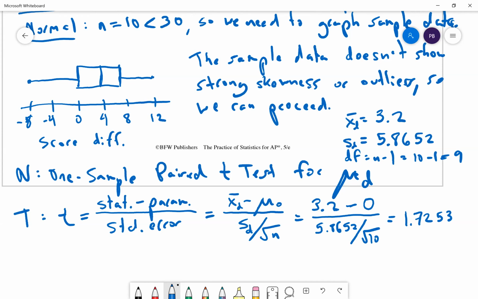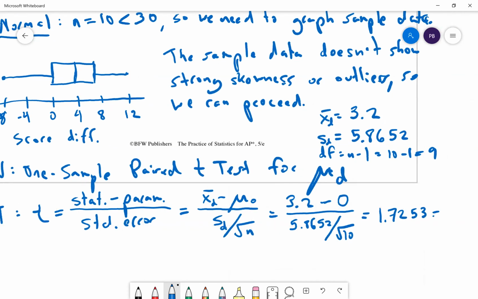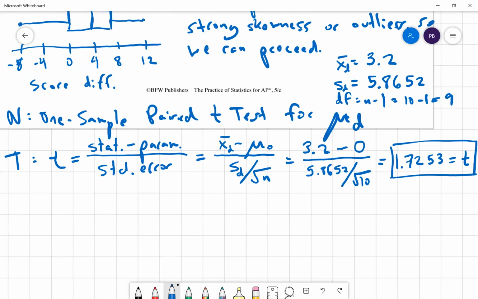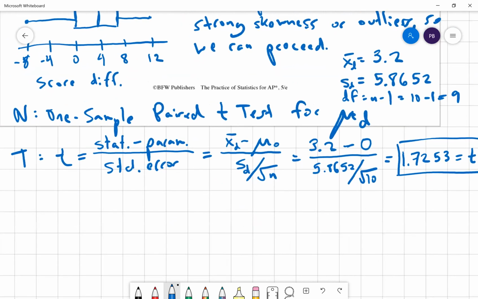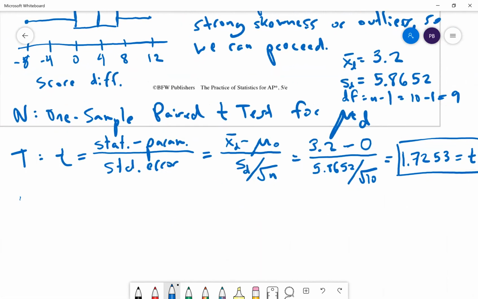So I'm going to go ahead and box that in. That's important information. And then let's go ahead and calculate our p-value. That's what O stands for, obtain p-value.